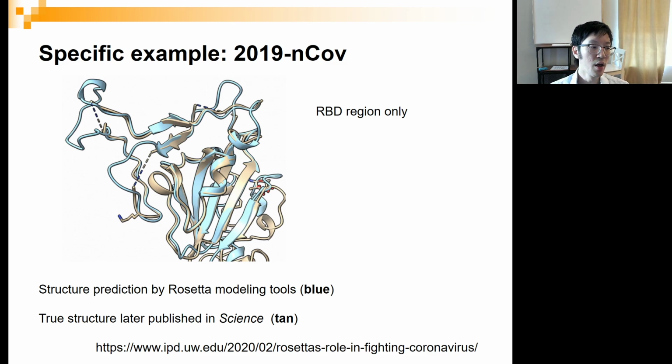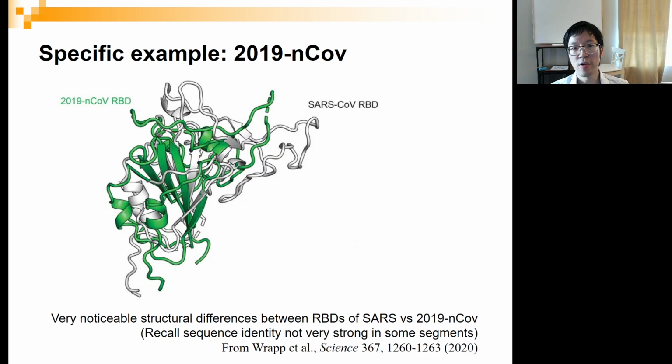Now, an earlier point I mentioned was that there is a general correspondence between similarity in structure and similarity in sequence. We saw that there was some similarity in sequence between the SARS RBD and the novel coronavirus RBD, but also significant regions where there were differences.